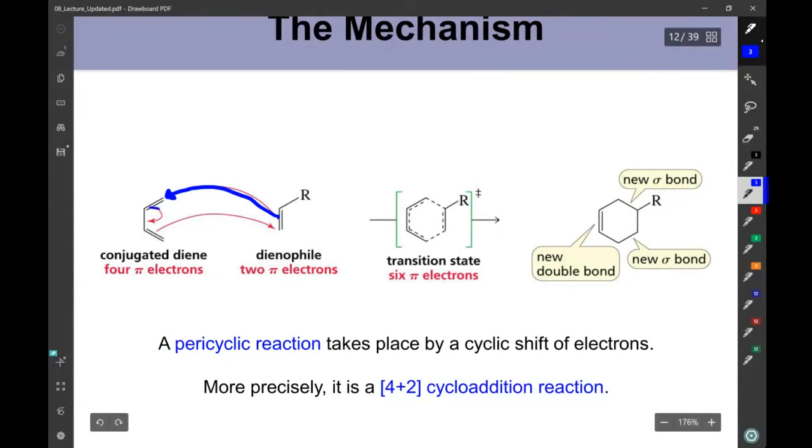Then there is a rearrangement of the pi electrons that leads to the formation of a new bond between the diene and the dienophile. So that's what the mechanism for the Diels-Alder reaction is. It goes through a transition state, and then you form your product.